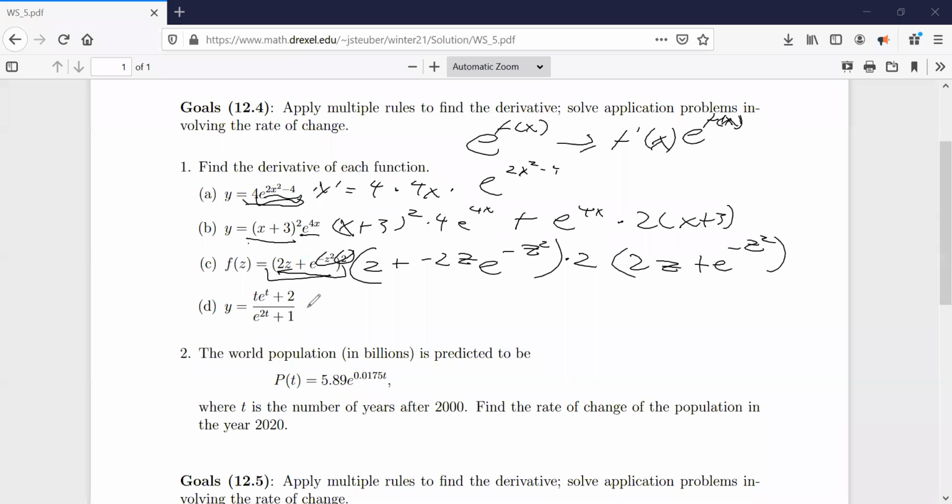Yes. Cool. And now do people want me to do this as a quotient rule or as a product rule? Quotient? Cool. So just as a reminder, the quotient rule is bottom times the derivative of the top minus top times the derivative of the bottom all over bottom squared.